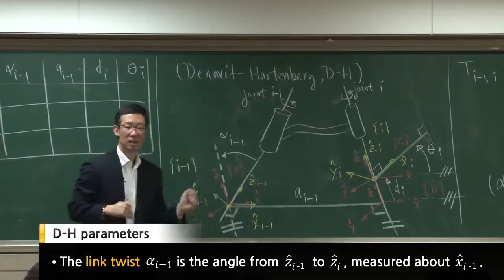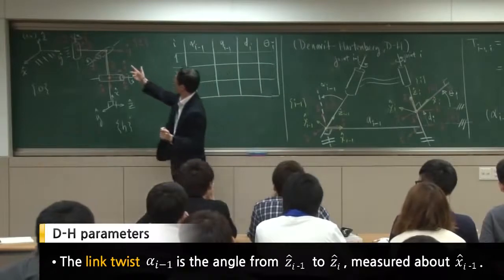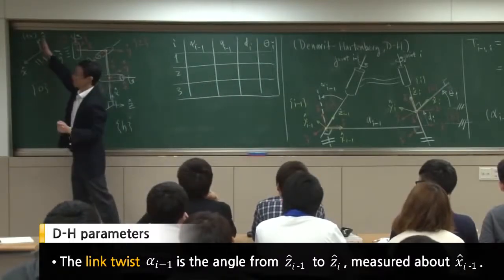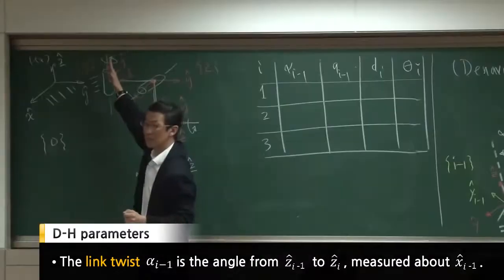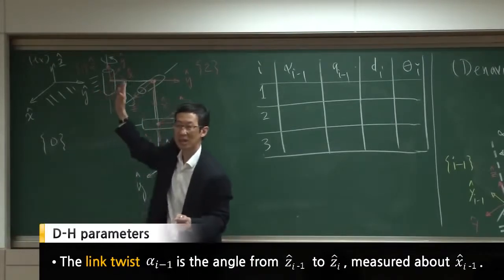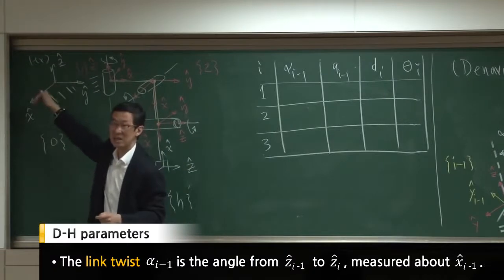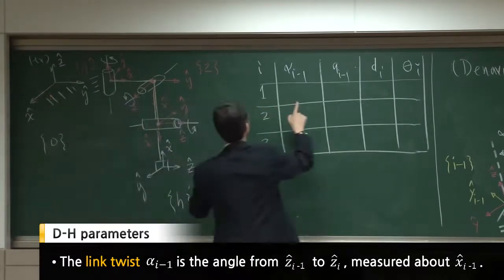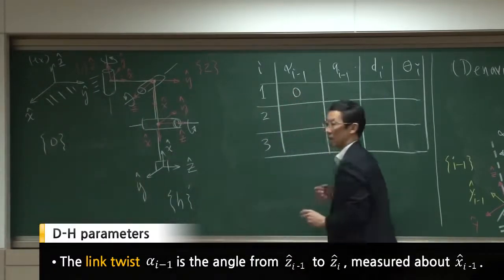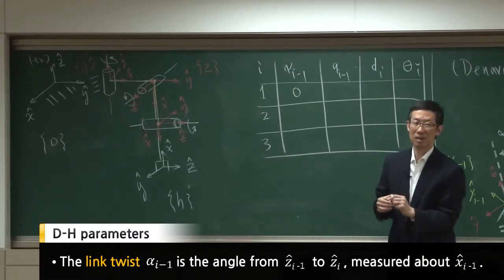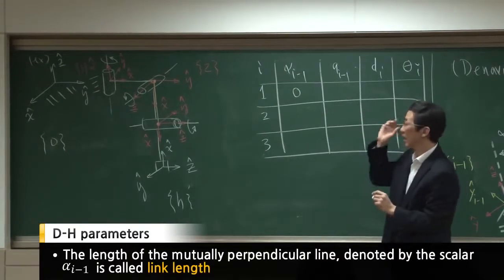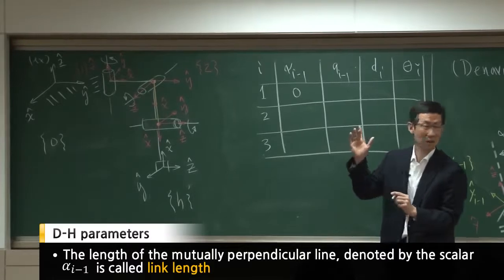Here's Z. Here's Z. They point in the same direction. So we don't need to rotate around the x-axis, right? So this is 0.